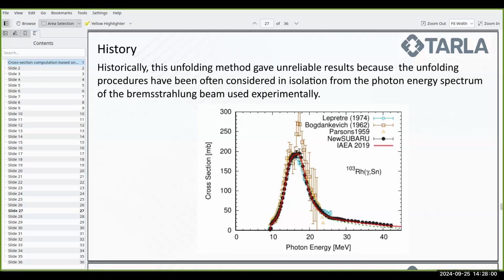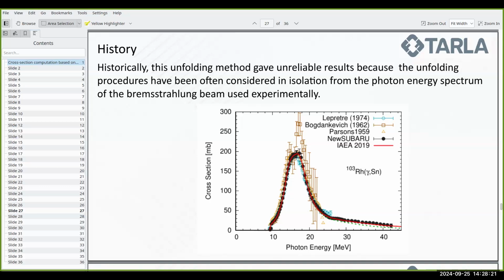Often what was used was very approximate analytic solutions to the Bremsstrahlung spectrum. And then that led to a case which was measured recently, I think in 18 or 19 by the new Subaru, which gives a completely different result, using a different method, not with the Bremsstrahlung.